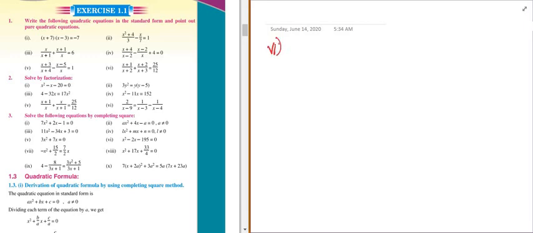Sixth part. 2 by x minus 9 equals 1 by x minus 3 minus 1 divided by x minus 4.